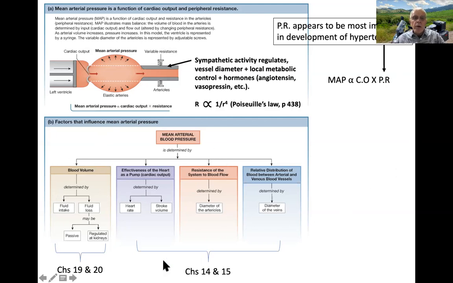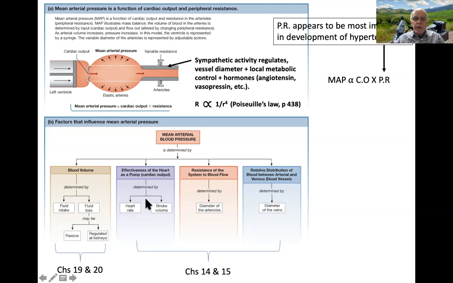This flow chart below is going to summarize. It says mean arterial pressure is determined by all of these various things. Well, first of all, blood volume is going to be explained in chapters 19 and 20. So I can't explain all of this to you in a few sentences. Can't be done.